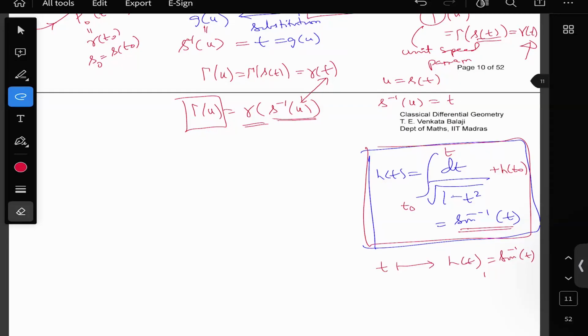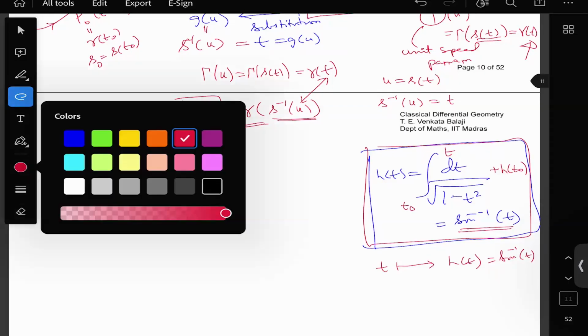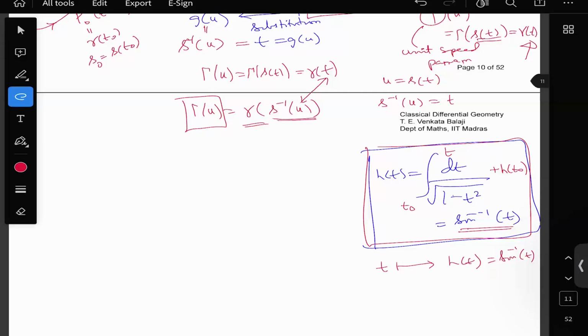I just want to say that the inverse function here is going to be simply, if I call this u, then sine inverse t is u, so t is sine u, okay. So this is the inversion. So this integral is very easy, you are able to invert it, okay.